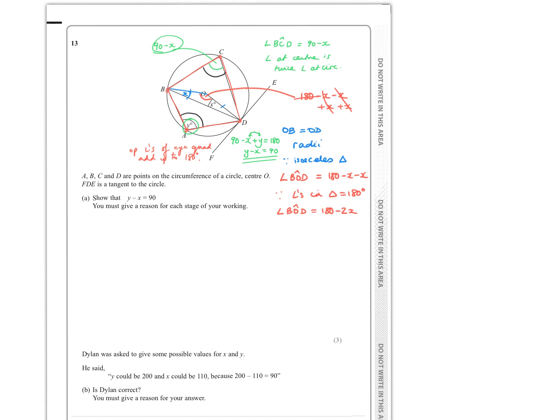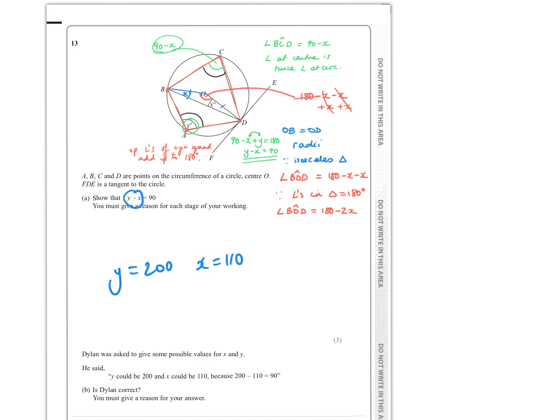The next part says Dylan was asked to give some possible values of x and y. He said y could be 200 and x could be 110, because 200 minus 110 is 90. But it's not just y minus x out of context. The context is the actual shape.